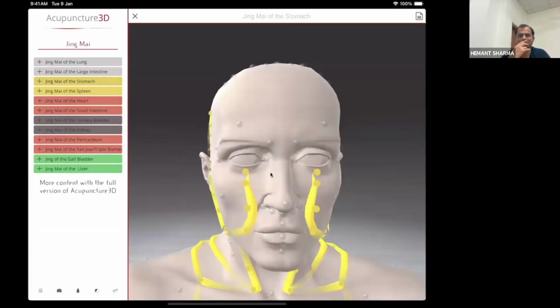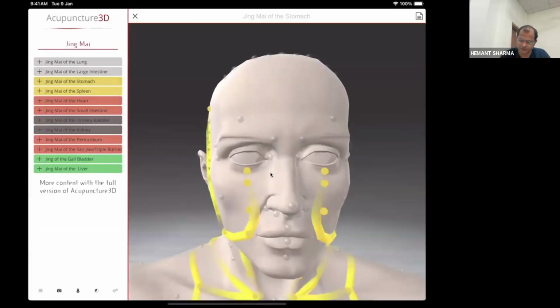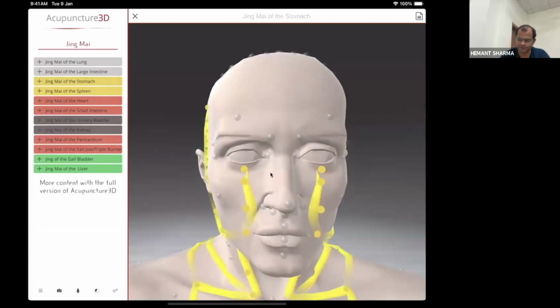We can see one image, we will understand. So this is the stomach meridian. We can see stomach 1 as per TCM. Dr. Voll has changed the nomenclature. डॉक्टर वोल ने थोड़ा सा परिवर्तन कर दिया है नंबरिंग में.